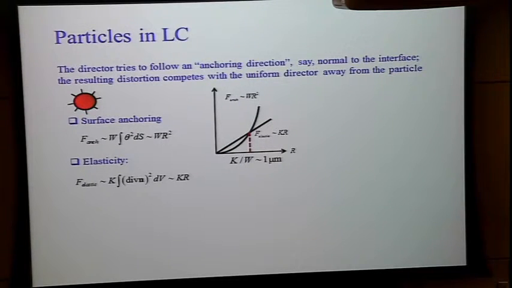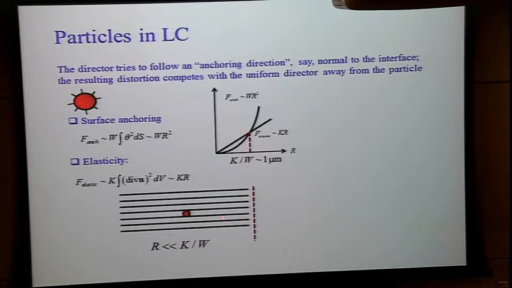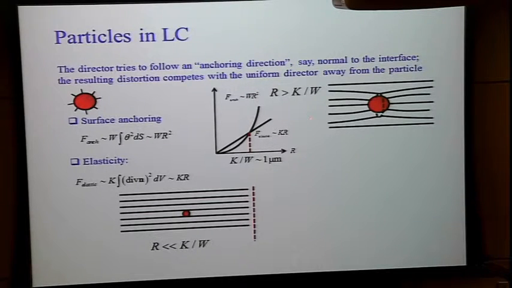So if I imagine what would happen with the particle, the answer depends on the size of this particle. If the particle is smaller than K over W, then nothing would happen with the director. The director wouldn't notice the presence of this particle. Now, if I have a particle that is larger, then the surface anchoring would tell the director to obey, and the director would obey and try to be perpendicular to the surface.